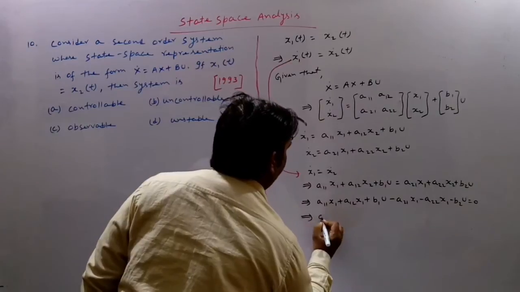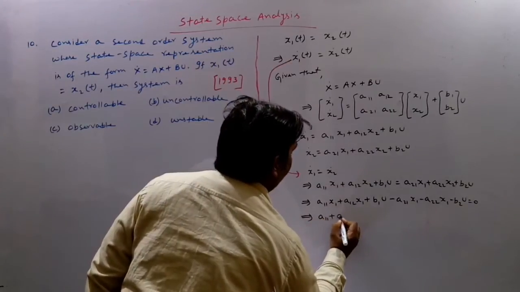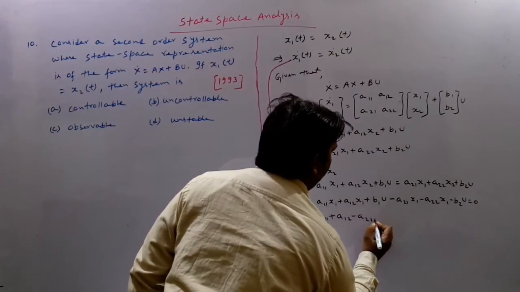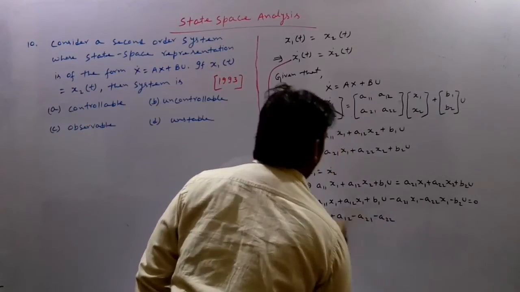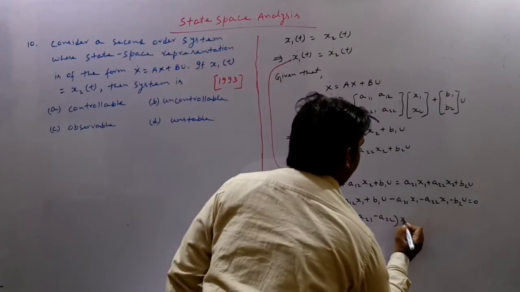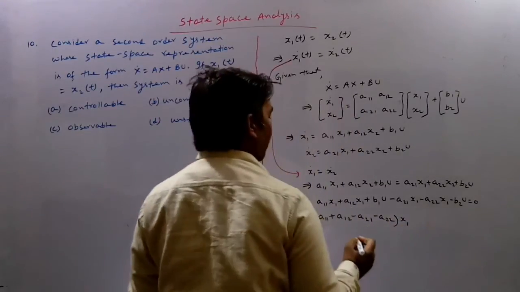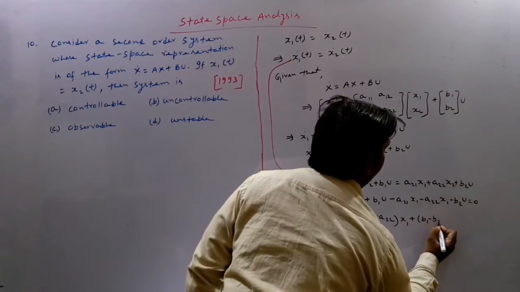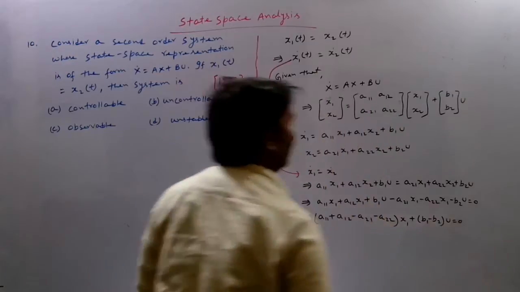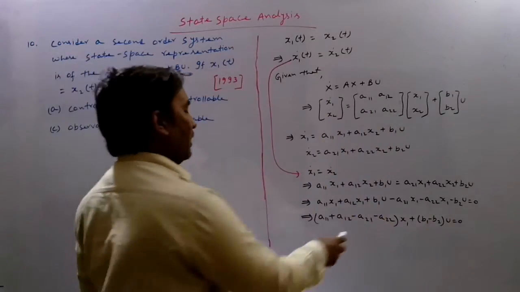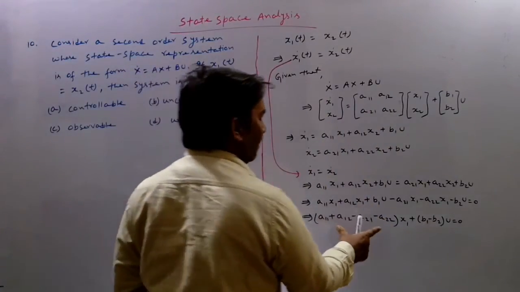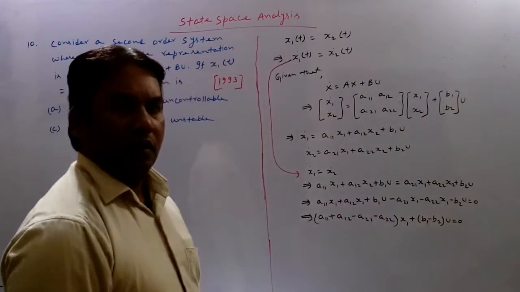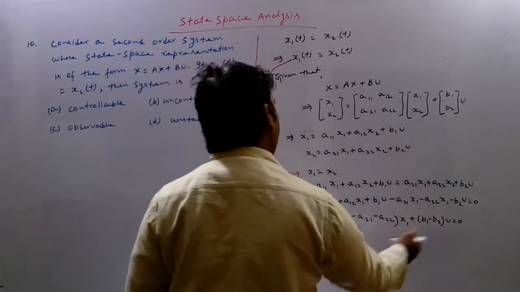Now (a11 plus a12 minus a21 minus a22) x1 plus (b1 minus b2) u equal to 0. This is only possible when the term within the first bracket and the term within the second bracket are both separately equal to 0.